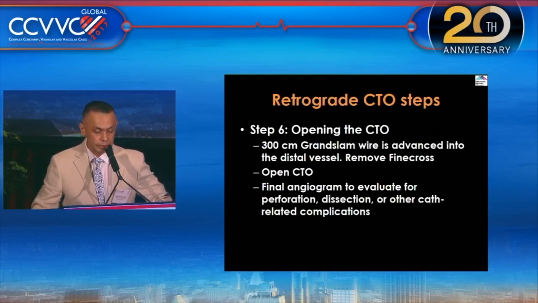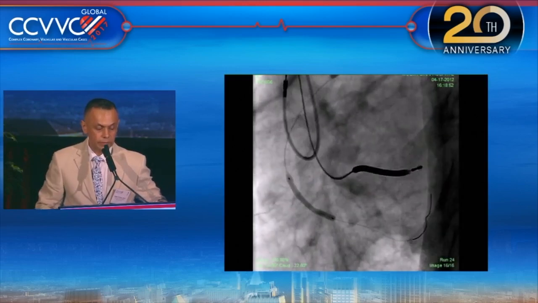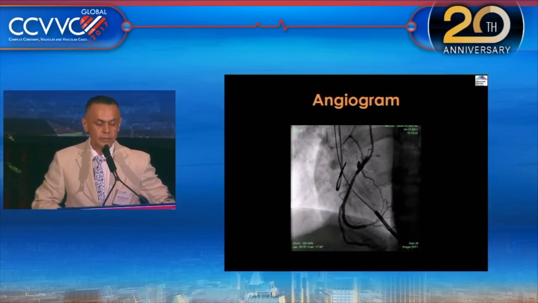Step number 6 is open the CTO. You get up to a 300 Grand Slam, advance into the distal vessel, remove the Fine Cross, and you open the CTO. This is the final angiogram. This is a long stent, 38 stent, and this is the final picture.